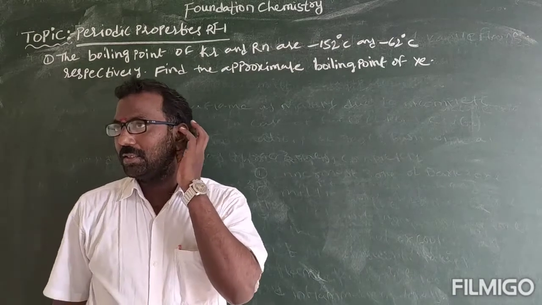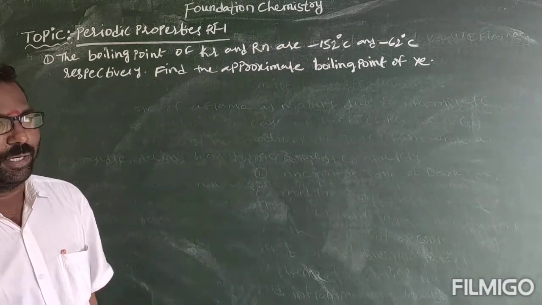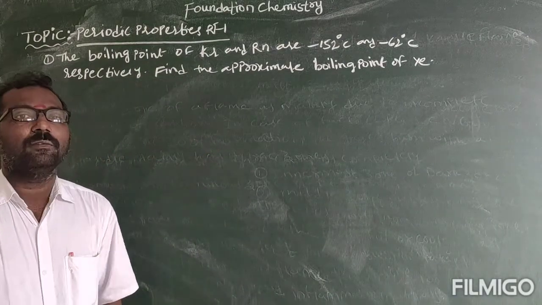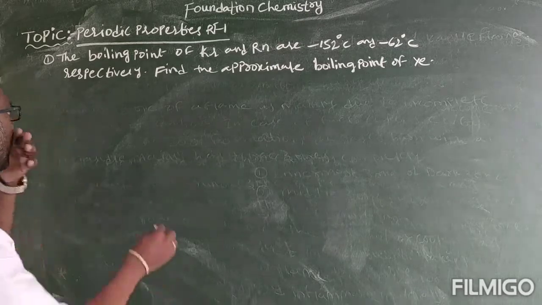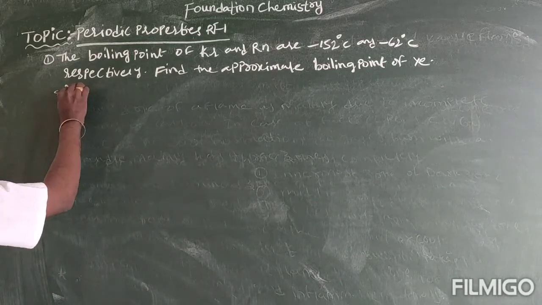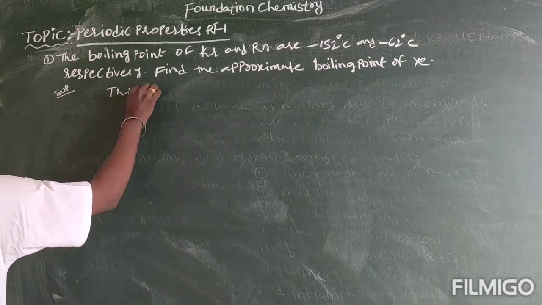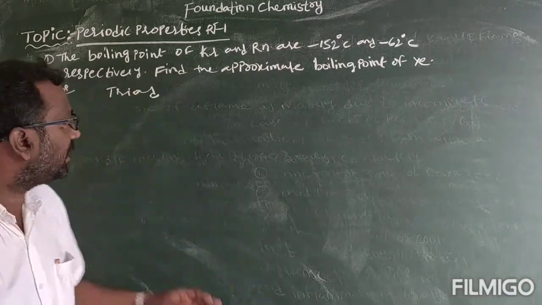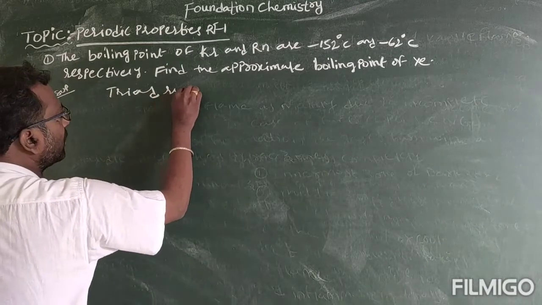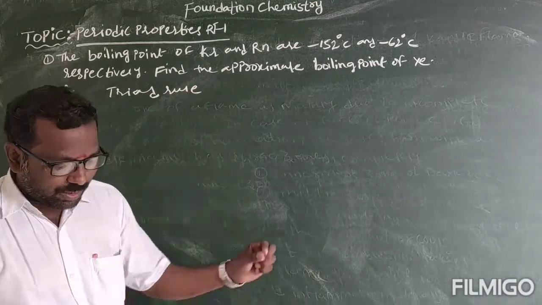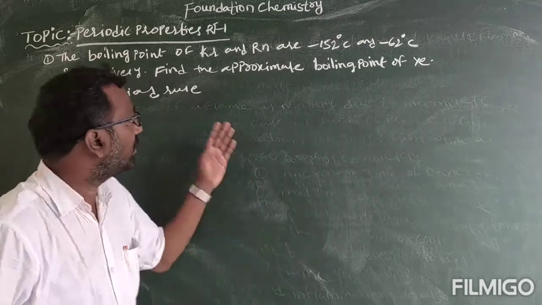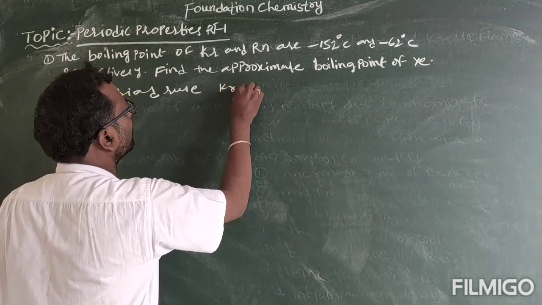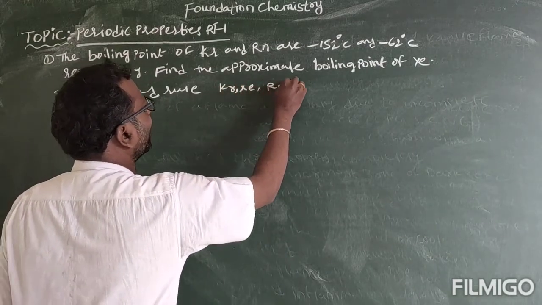See, generally, how will we find the boiling points? For this we can use the Dobereiner triad formula. What is a triad? A triad is a group of 3 elements. So we will apply the triad rule to solve this. The triad elements here are krypton, xenon, and radon.